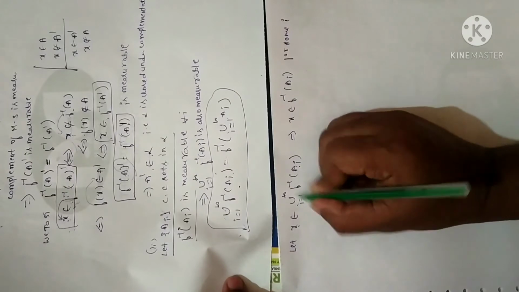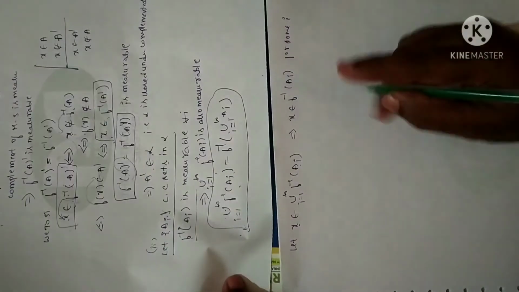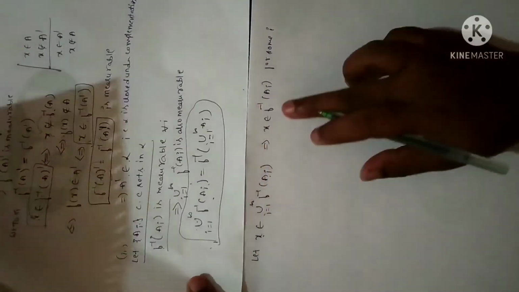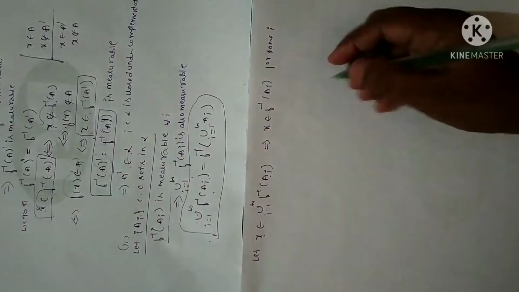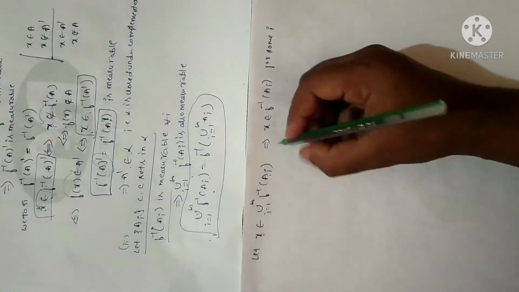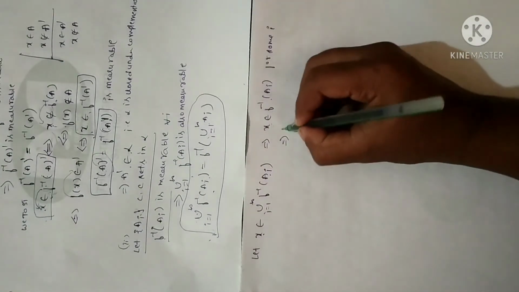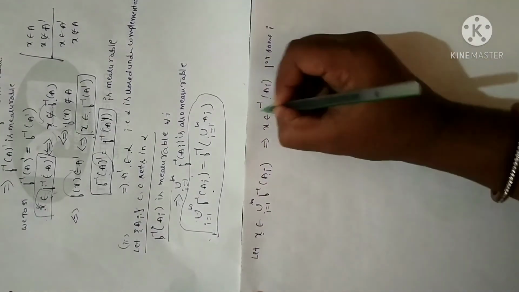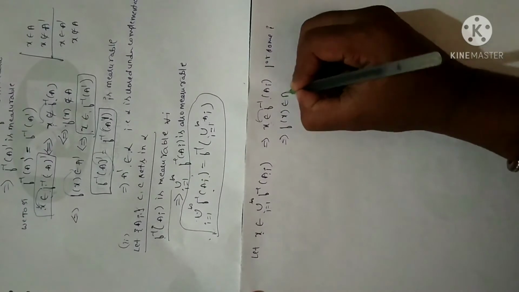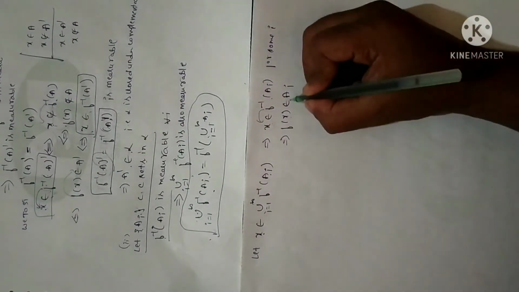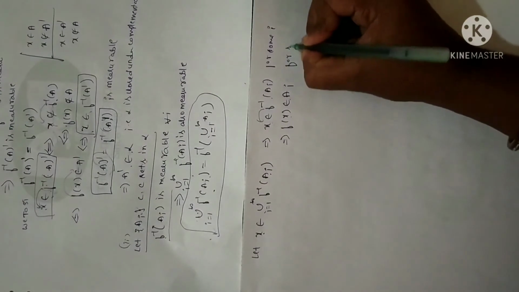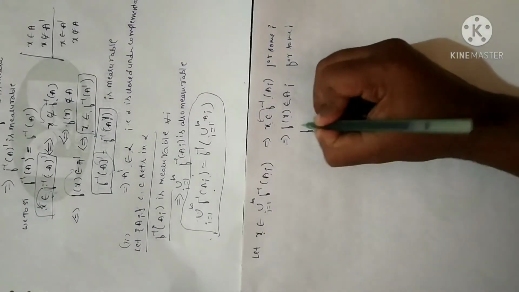So X belongs to the collection, in the sense I can say for at least one I, X belongs to F inverse of AI. Right? So I can write like this. Now if X belongs to F inverse of AI, I can say F of X, I am going to shift this, F of X will be in AI.